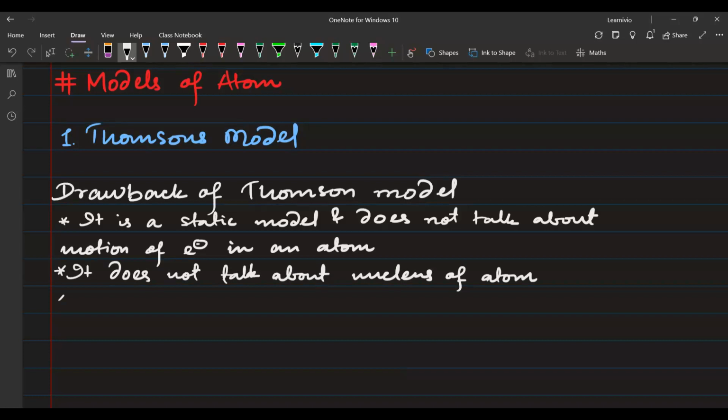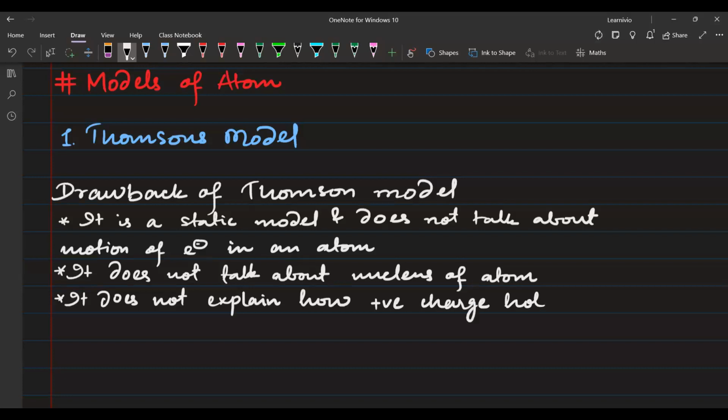Okay. It does not explain how positive charge holds the electron in an atom.